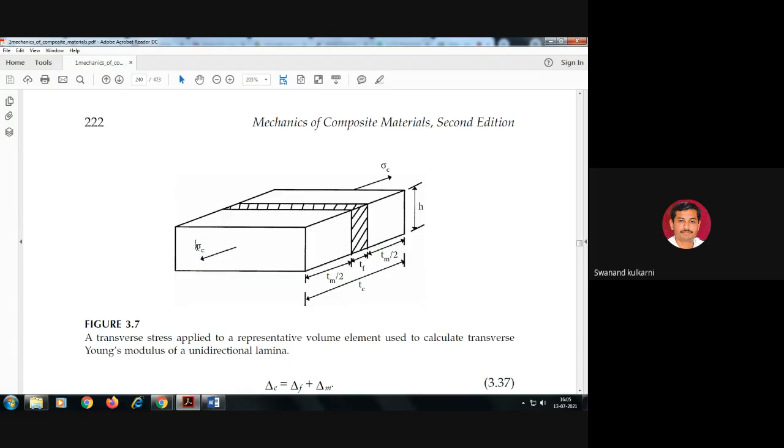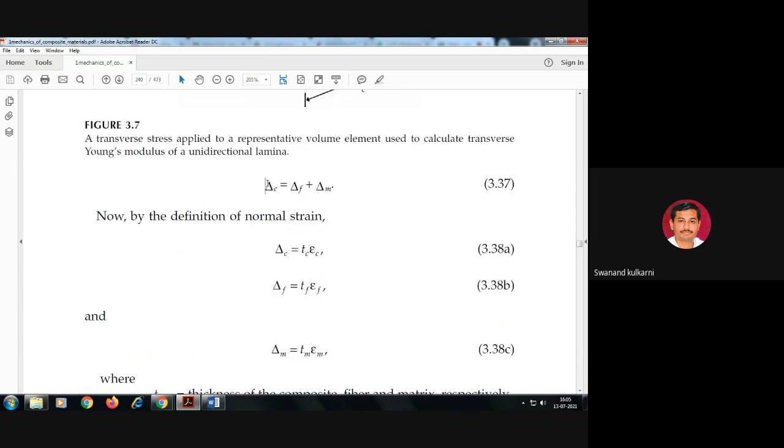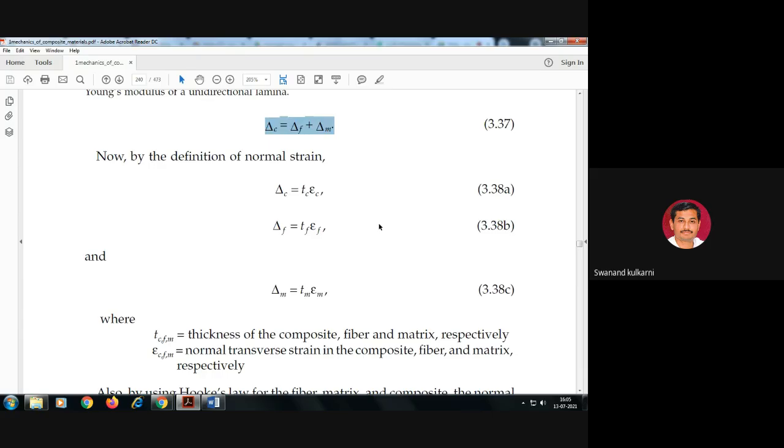So expansion of composite material will be the addition of expansion of matrix and expansion of reinforcement material. Is it okay? So here we have used this simple formula, delta C is equal to delta F plus delta M here.